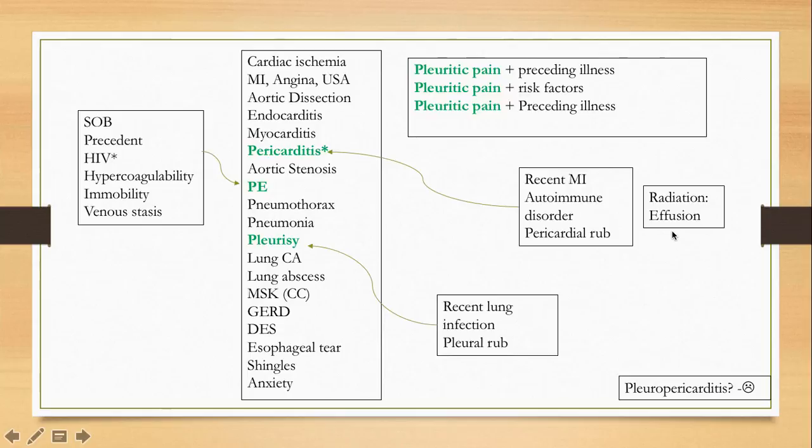So if you go back in history and you know the patient received radiation treatment for whatever reason, maybe they had Hodgkin lymphoma or any cancer and got radiation treatment for it, then if they are presenting with shortness of breath, and it doesn't have to be chest pain, because once the pleural effusion gets large they don't have chest pain anymore, then you should definitely think about effusion or tamponade.